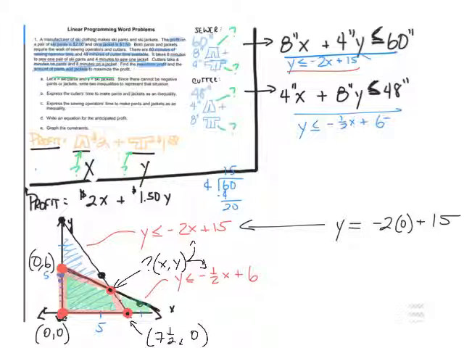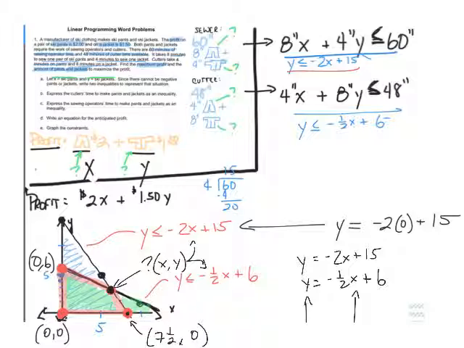And even though they're inequalities, on the line it's where y equals negative 2x plus 15 and y equals negative 1/2 x plus 6. So let's change both of these equations to be y equals negative 2x plus 15 and y is equal to negative 1/2 x plus 6, because the x values and the y values for both of these equations will work at that point. So I need to know what that x, y value is.